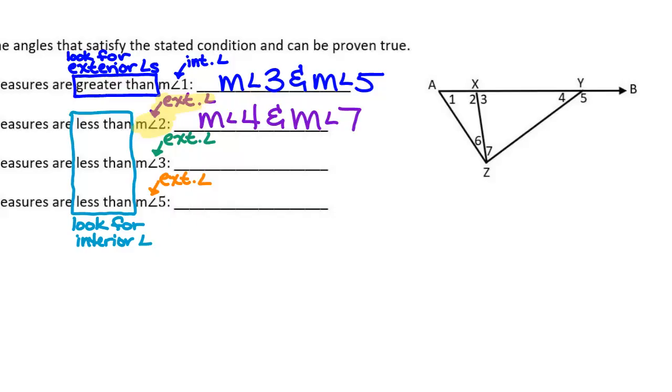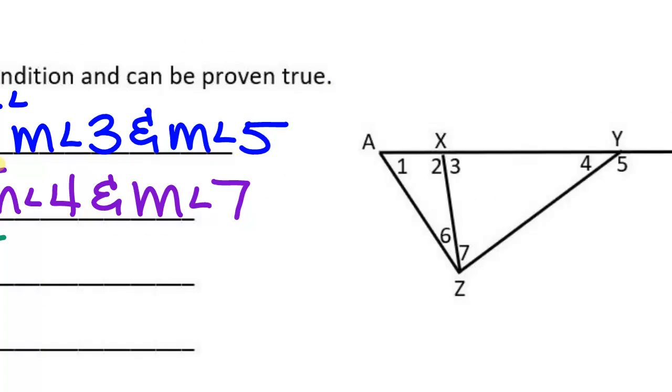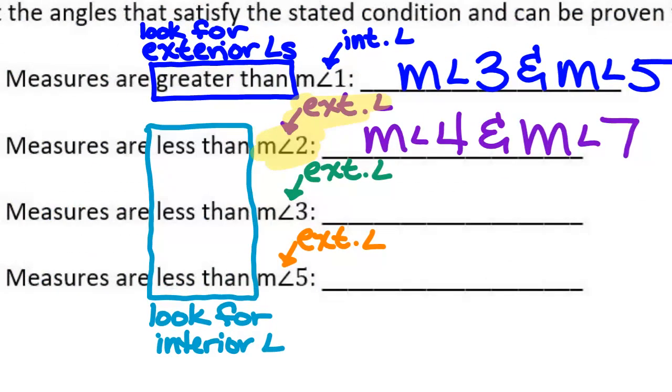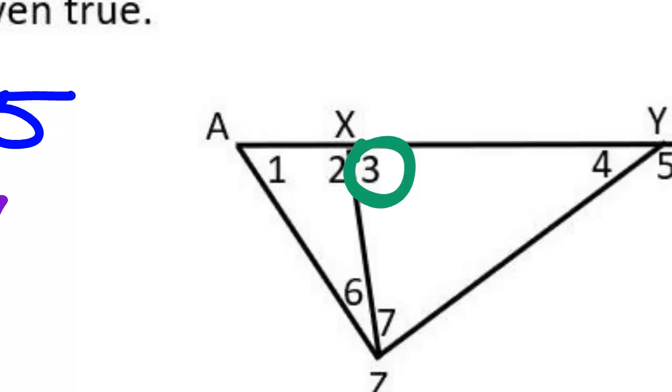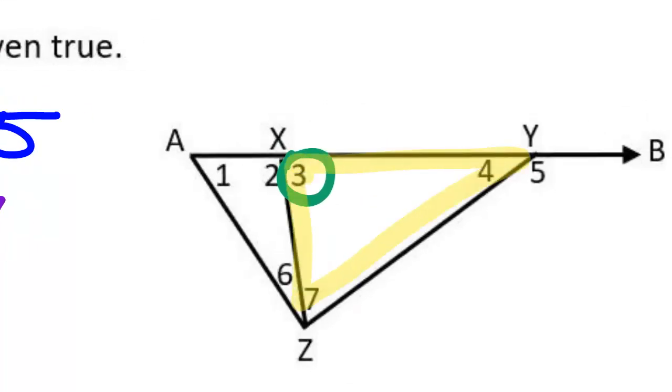All right, the next one they gave us was angle 3, which is right here. And we're supposed to look at that as an inside or an outside angle? We're supposed to look at that as an outside angle. Again, we want to find things that are smaller than that, so we have to look at it as an outside angle. I know angle 3 is inside this triangle right here, but I don't want to look at it as an inside angle. Angle 3 is outside of this triangle right here.